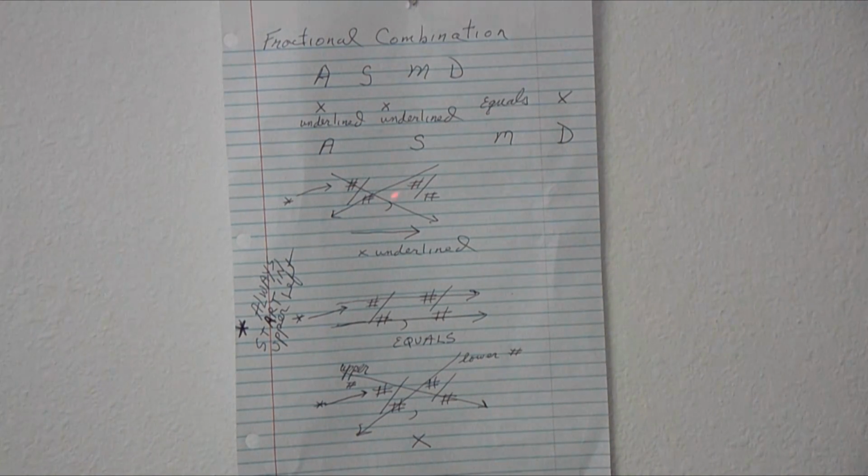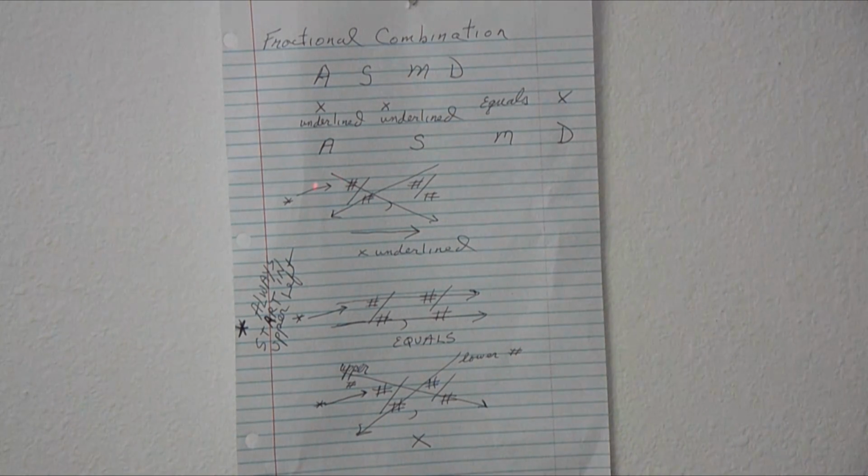So that's what you want to try to keep in mind. So again, we're adding, subtracting, multiplying, dividing any 2 fractions, and we're remembering X underline equals X to describe how we're accomplishing it. So now I'm going to talk about each one separately.